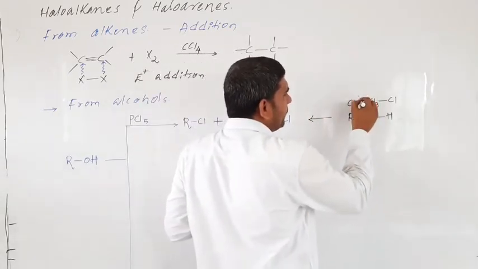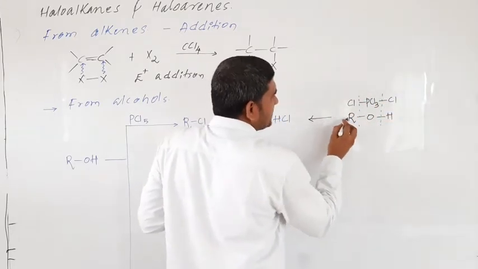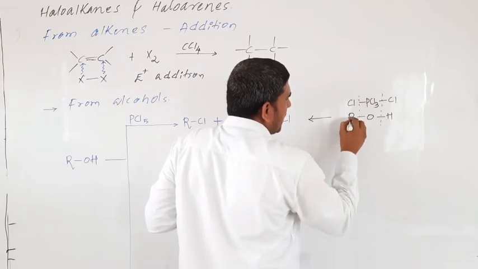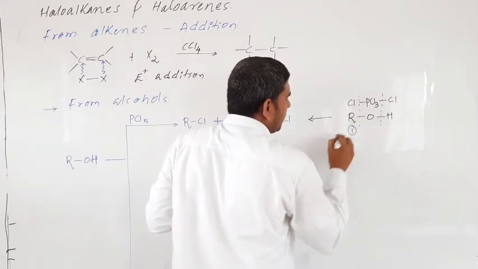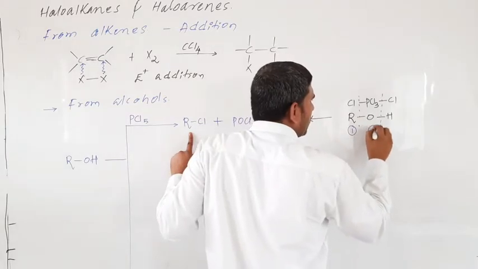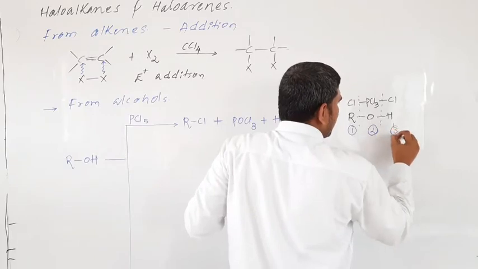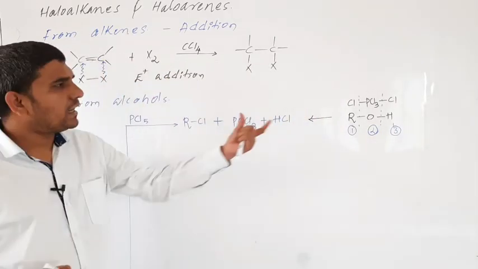Listen carefully. If you divide this one, just you see, this is nothing but what? RCl, product number 1. This is product number POCl3, product number 2. This is product number 3. Understood?